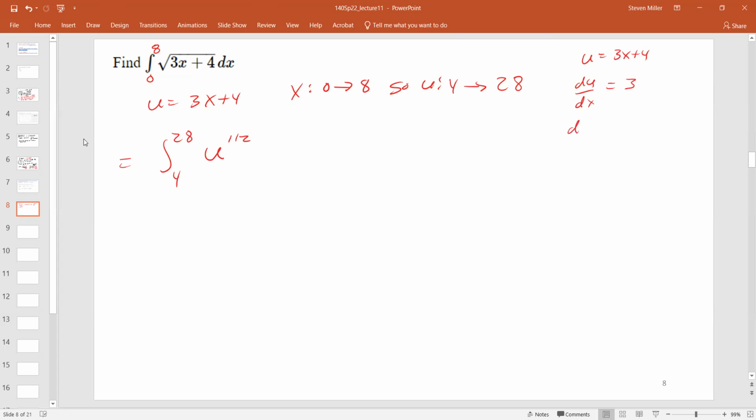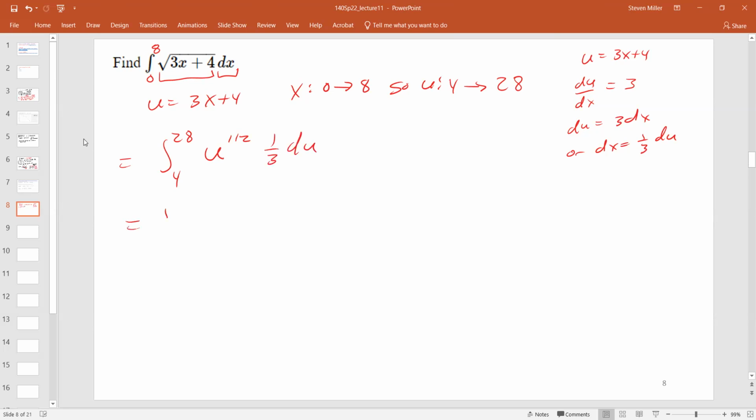So that means du is 3 dx, or dx is 1/3 du. Why am I writing dx as 1/3 du? Well, because I have square root of 3x plus 4 times dx. I have to substitute for both of these parts. The square root of 3x plus 4, that's just u to the 1/2. The dx, that's just 1/3 du.